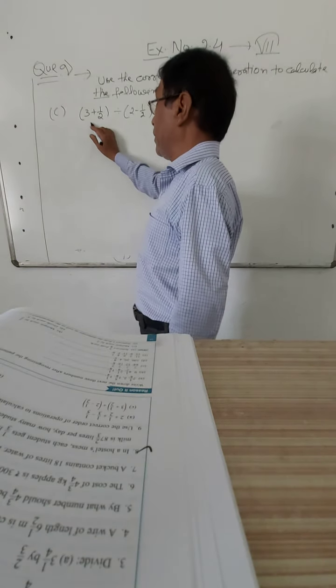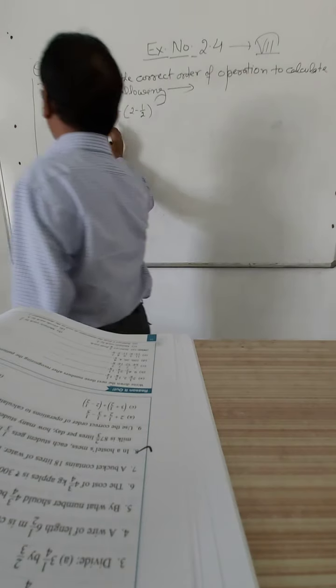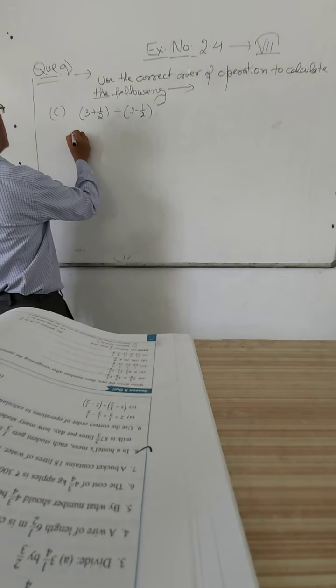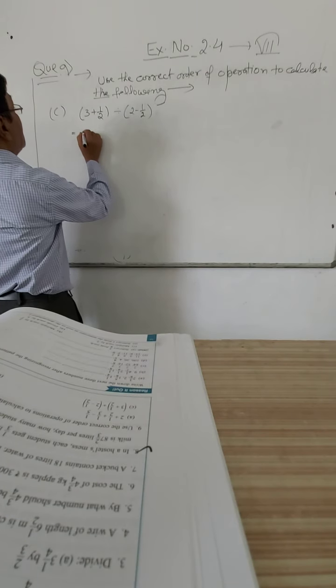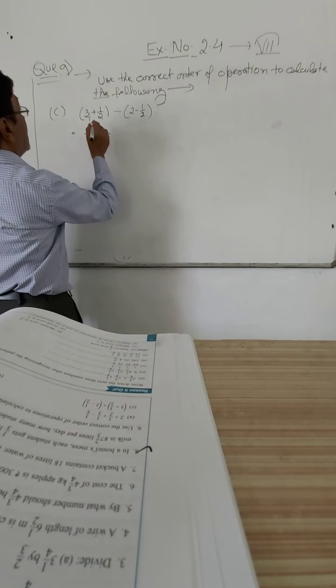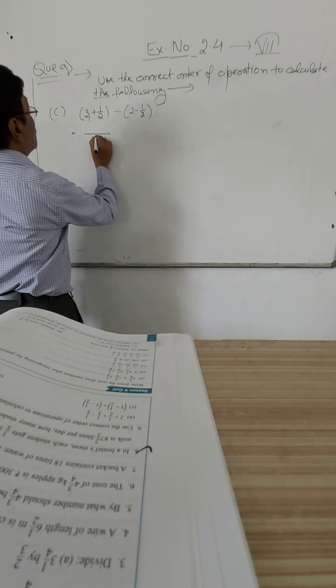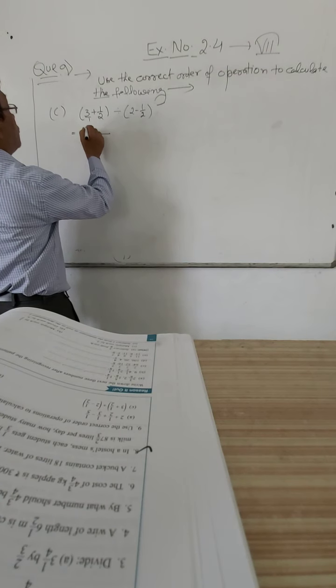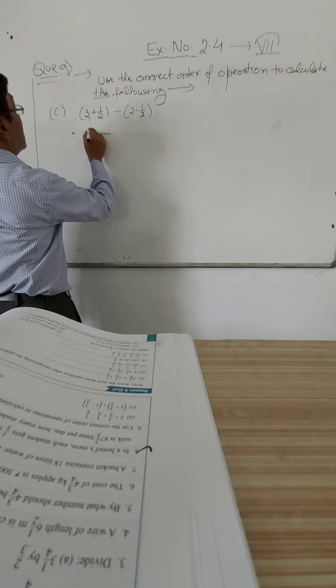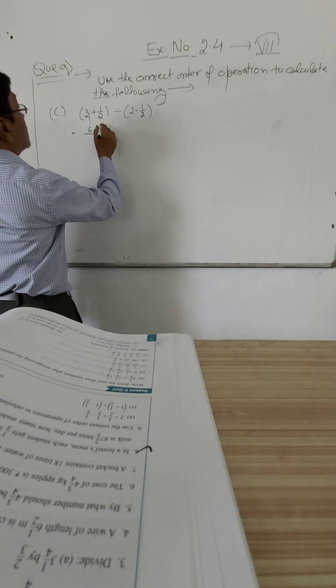So first we will solve the addition of this. Take the LCM here: 3/1 becomes, 1 times 2 is 2, 2 times 3 is 6, plus 1.